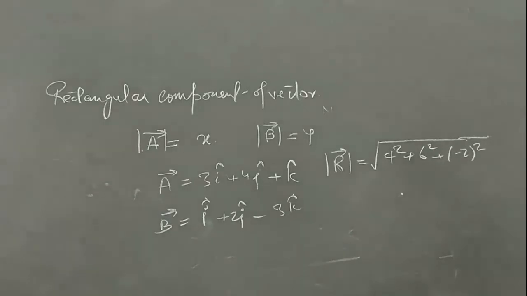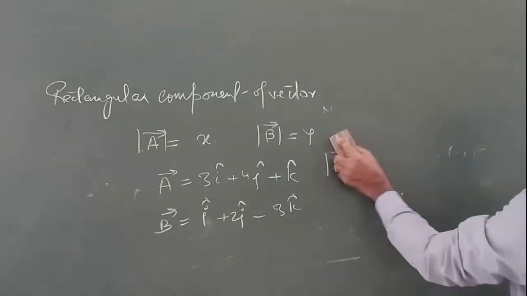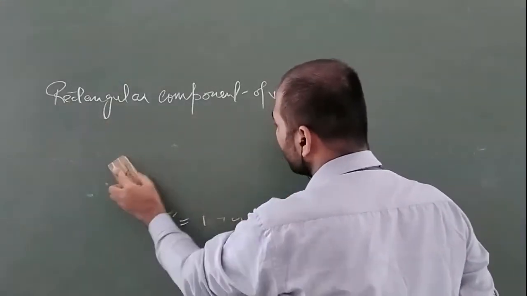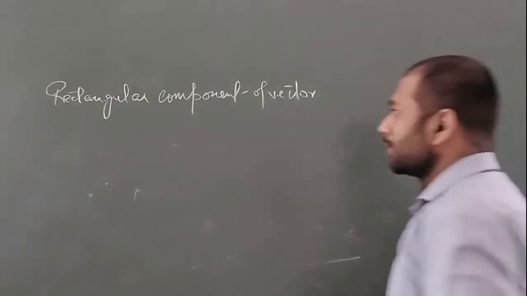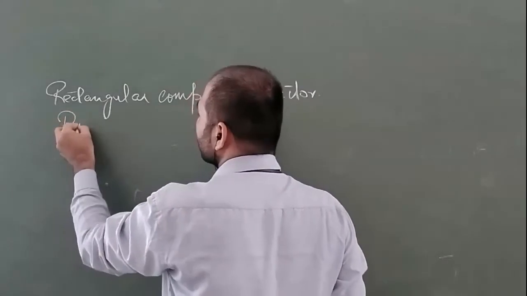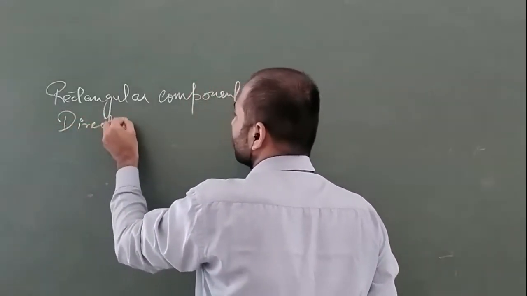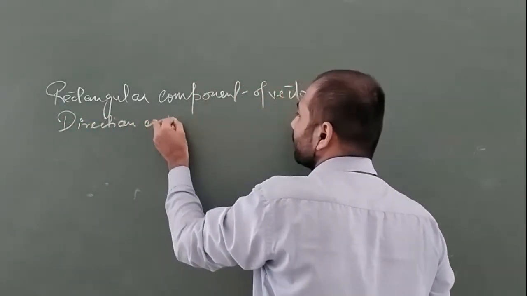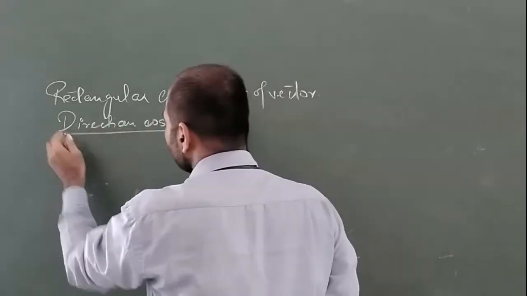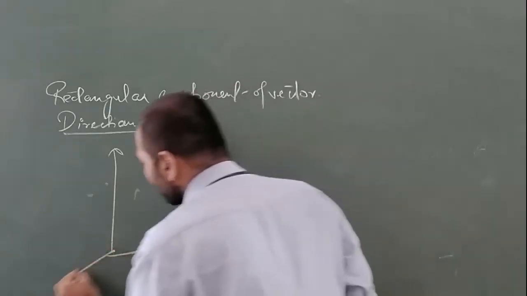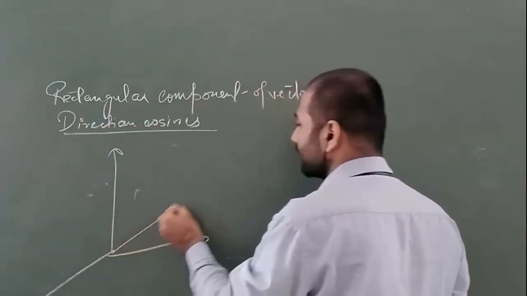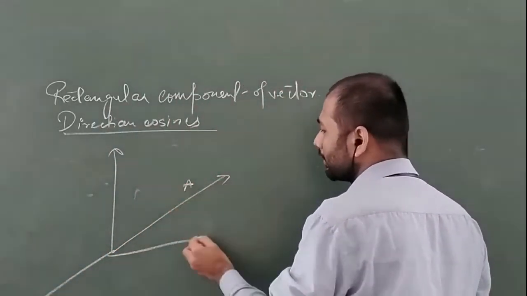Now we will see the other term that is related with the rectangular components, which is known as the direction cosine. So if I take a vector which is 3-dimensional, let's say this is our 3-dimensional vector.